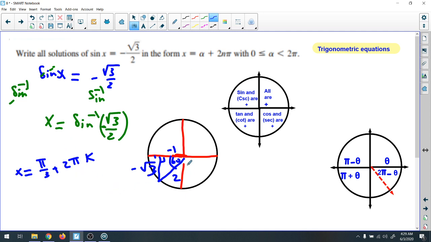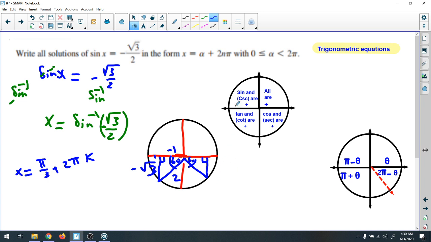The second solution, as we mentioned before, the calculator gives us just one solution. 60 should be in the fourth quarter. That means 360 minus theta. So it will be 360 minus 60, which is 300. So the second solution is 300. But we don't want it in degrees.